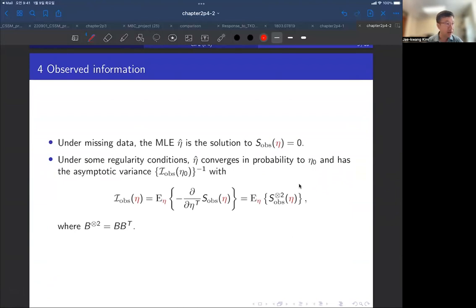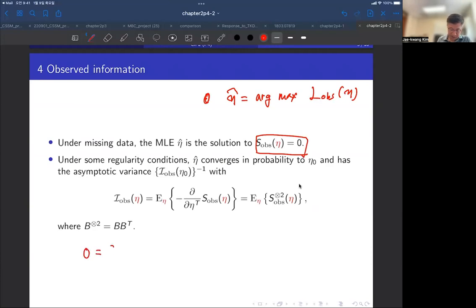We are now interested in computing the MLE, and we know that the MLE is the maximizer of the observed likelihood, right? So theta hat is the maximizer of the observed likelihood, which can be obtained by solving this score equation. Usually we take the Taylor expansion.